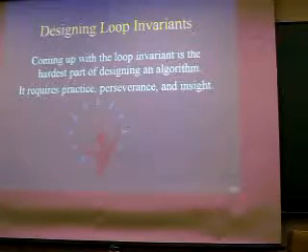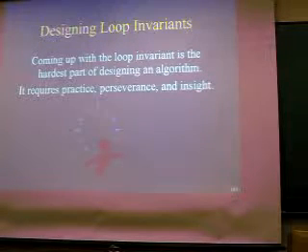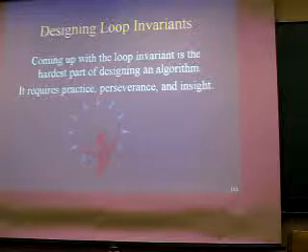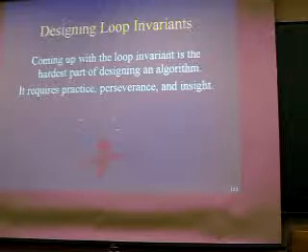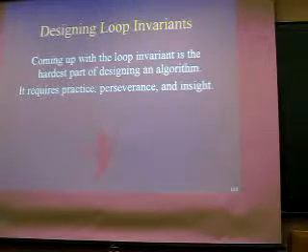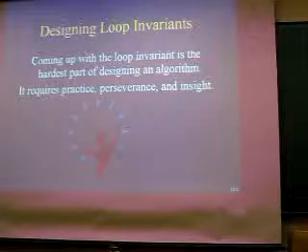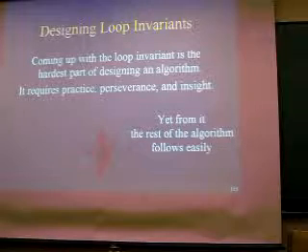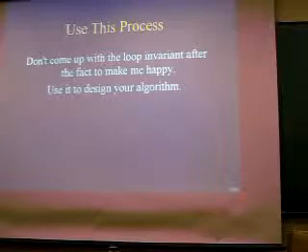And I had a hard time knowing how to do that other than examples. But we'll see in a few minutes. I've broken it down to different types of loop invariants, so it makes it easier. But once you have the loop invariant, often the rest of the algorithm follows.